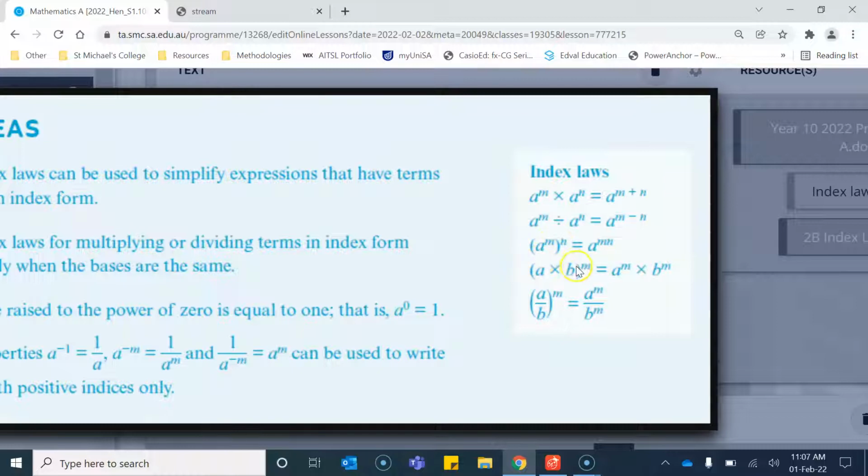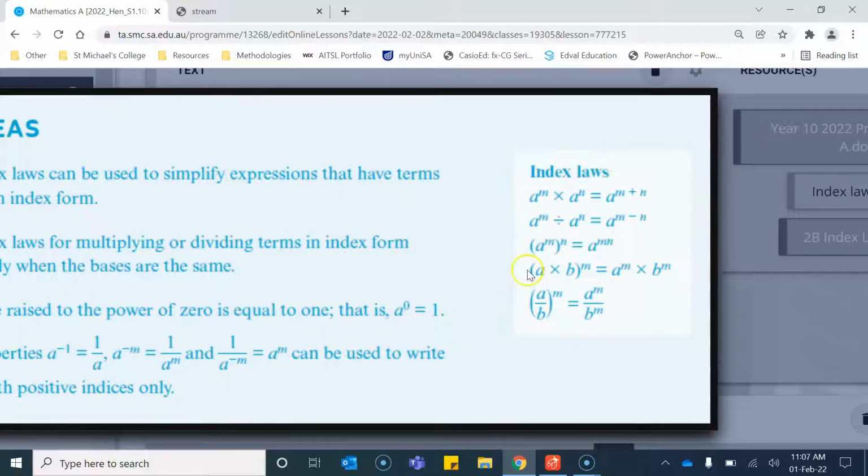If I have a times b, so now you can see I have two different bases, and each of those is raised to the power of m, then this can be written as a to the power of m times b to the power of m. And similarly for a division, if I have a over b all raised to the power of m, it can be written as a to the power of m over b to the power of m.